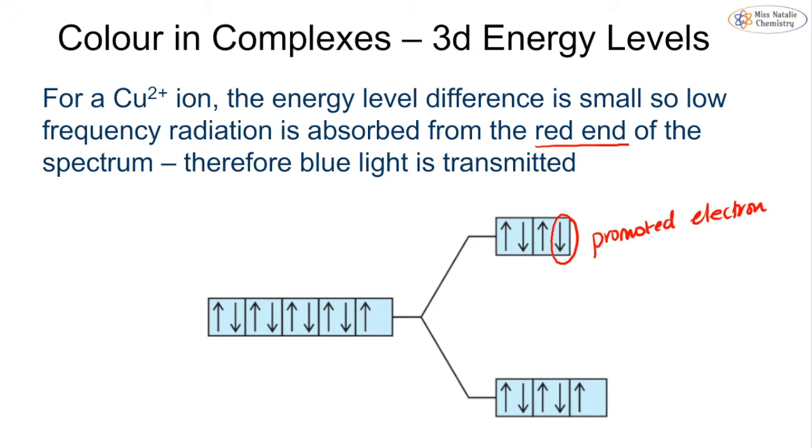And this is why we see copper as blue, because the ion has absorbed the red end of the spectrum. It's absorbed that radiation and absorbed that energy. And what we see is what's left over, which is the blue light. So copper will appear blue, and because zinc doesn't have this extra space in its energy levels for the d orbitals, it can't do this, so it appears colourless.